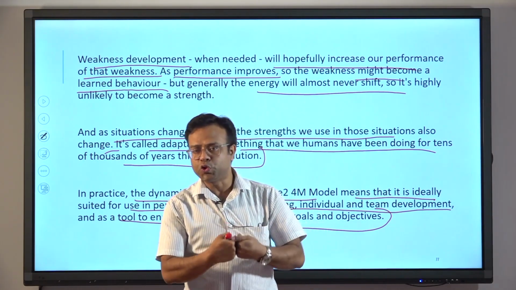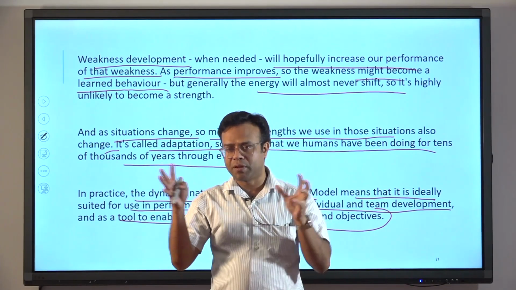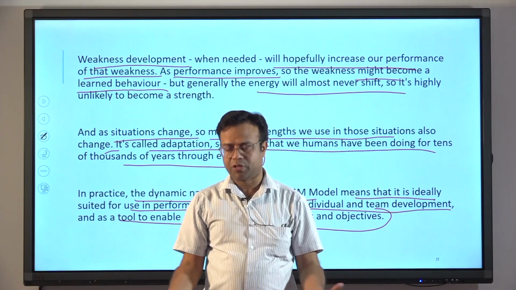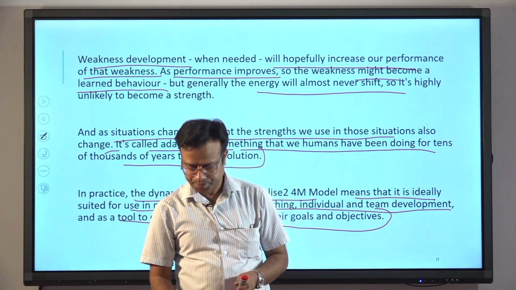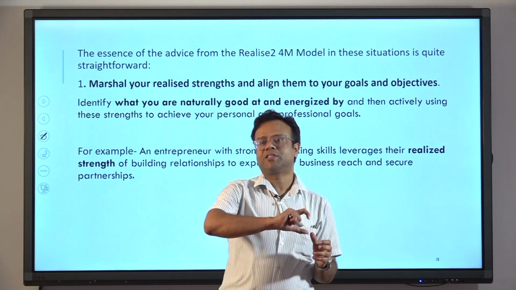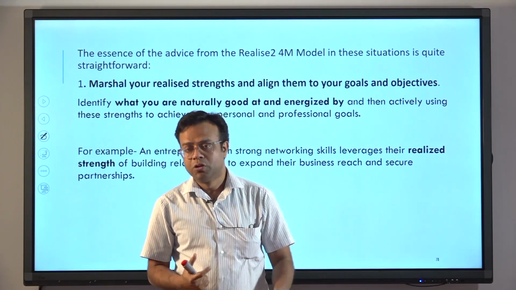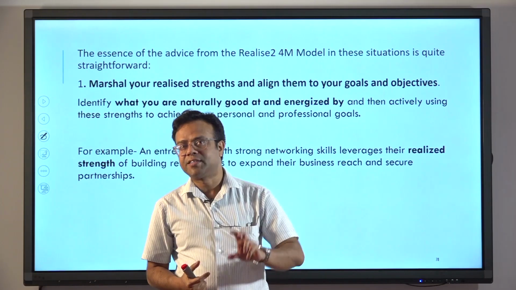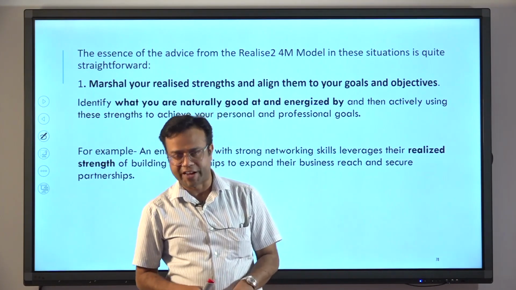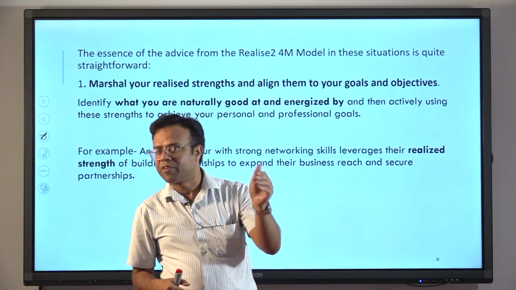This model can be used for performance reviews, coaching situations, team development, and team performance. So this can have a lot of diverse uses in practical settings. Now, as we have already seen, this model has 4M or advice on what we should do for each of the 4 categories of strength that we all have. The summarized advice we have already given.